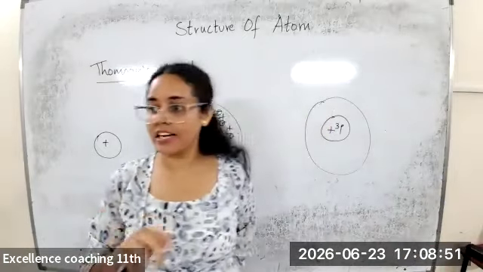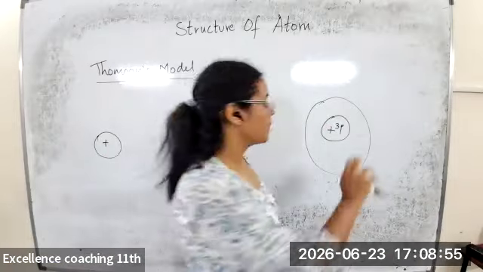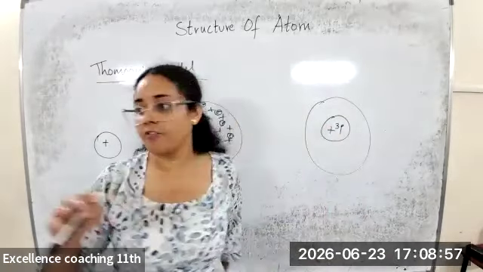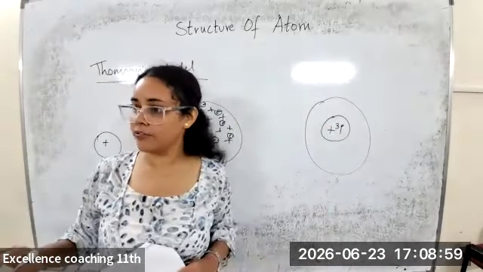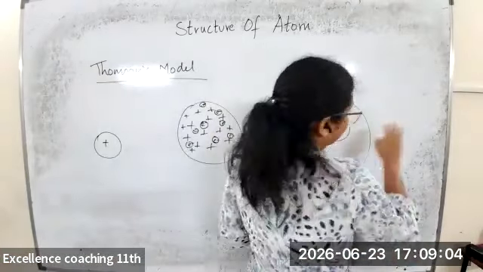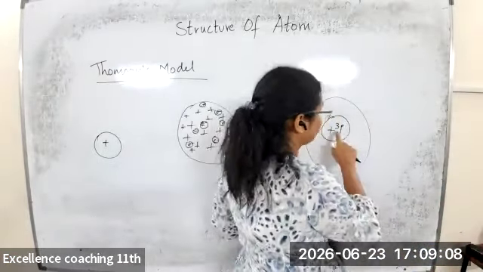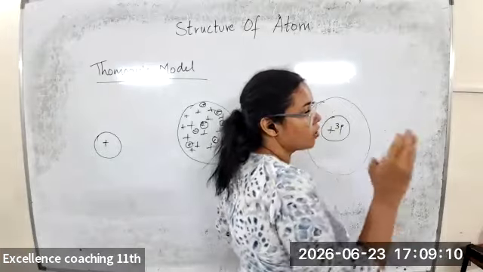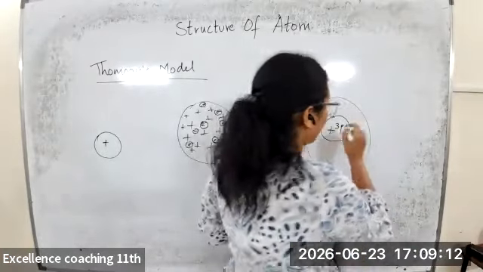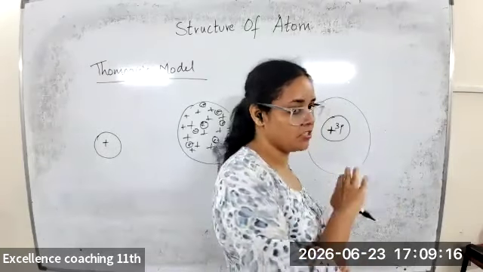But for those who are studying this chapter new, if you have not studied it in your higher secondary, you should know that the number of protons should be equal to the number of electrons. Why? Suppose you have three protons, which are positively charged, so three positive charges here.